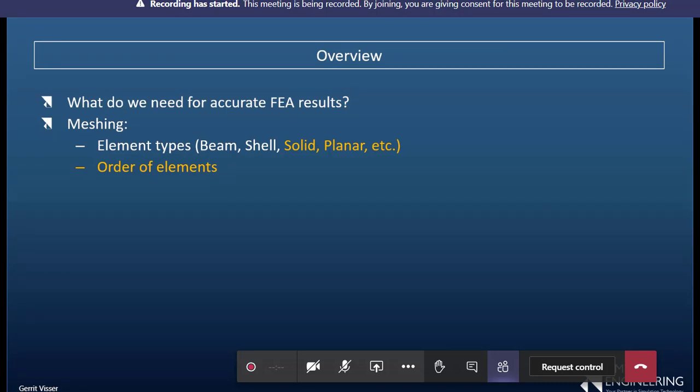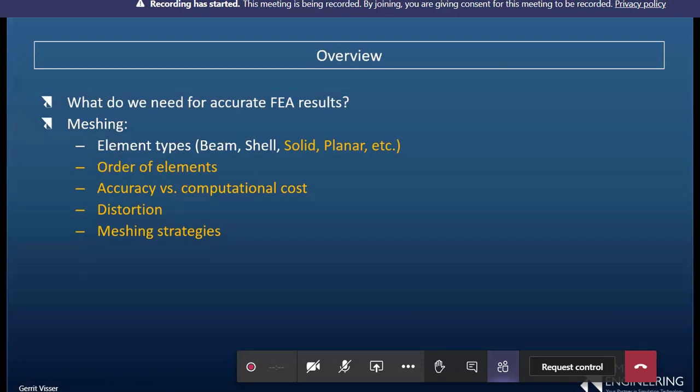So we'll later on look at solid elements, planar, plane stress, plane strain, axisymmetry, and so on. The order of elements, accuracy versus computational cost of different element types. The effect that distortion has on the accuracy of a model, some different meshing strategies to get a good quality mesh, to get it fine in the regions that are important and coarser possibly elsewhere, ways to get that efficiently.